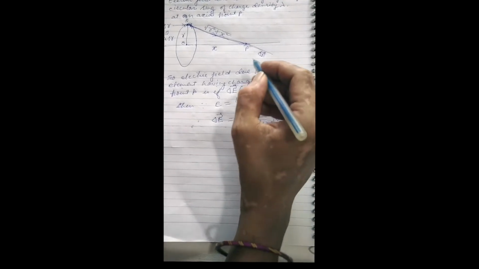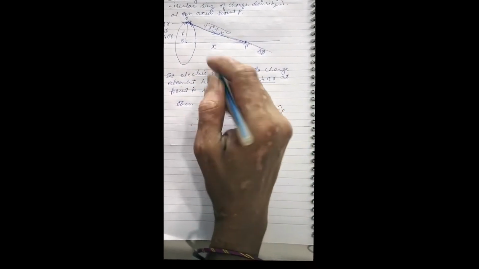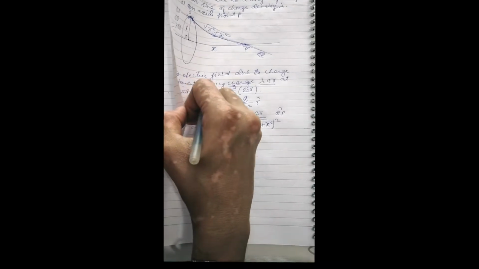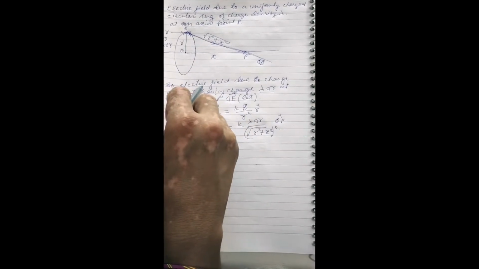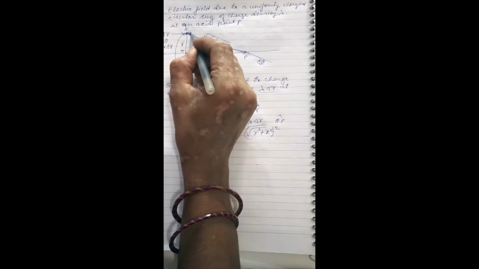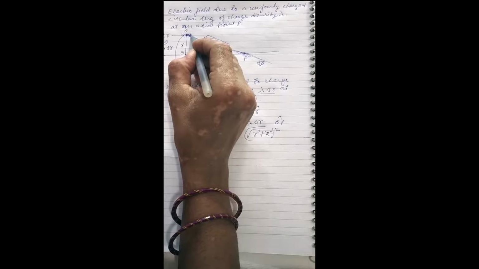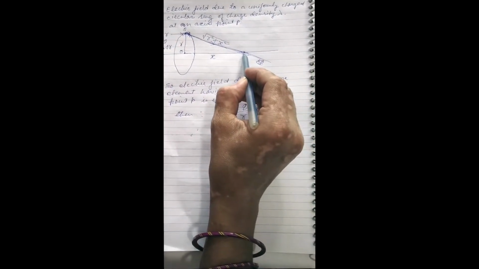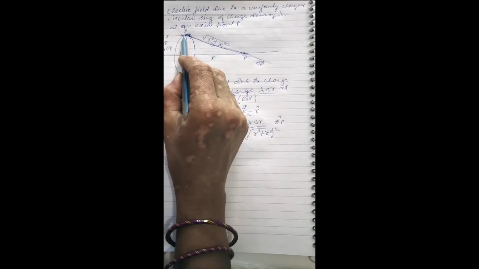Now the next thing, the first step in all such kind of questions: what you have to do? You have to take a length element first of all, and then you have to find the electric field at that point due to this length element.